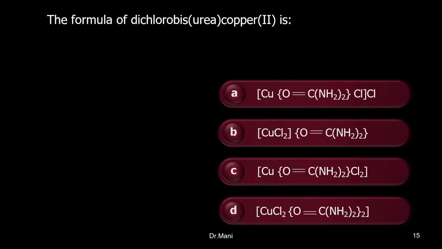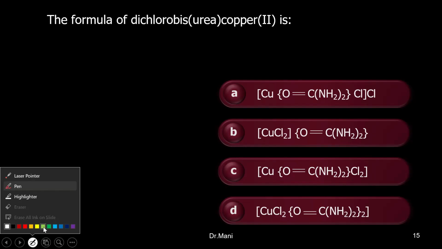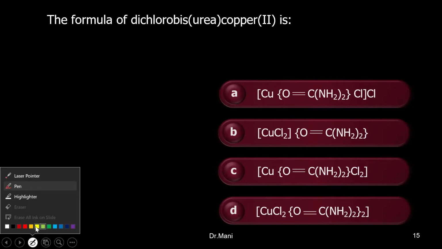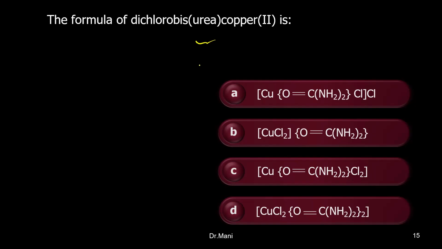Tell me the formula first. Dichlorobis urea. Okay, I'll simplify for you. I'll just give the formula for urea. So urea will be NH2 C double bond O NH2.